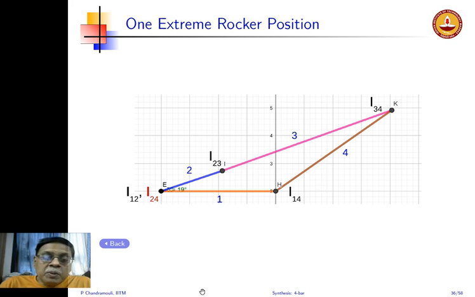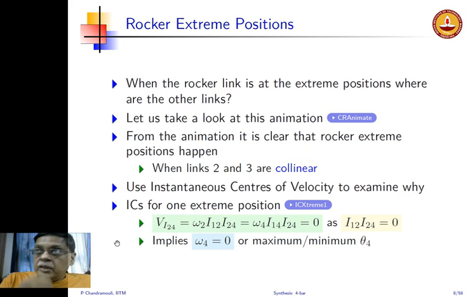And what you have to look from this figure is that for this configuration, it is coincident with I12. So I12 and I24 are at the same location. Now if I look at the velocity of I24, which is a point common to both link 2 and 4, it's a relative instantaneous center, remember.